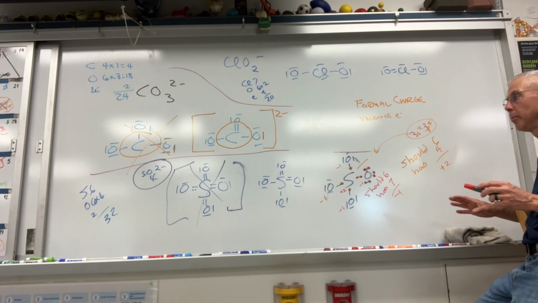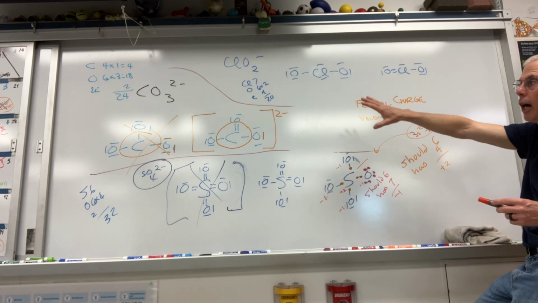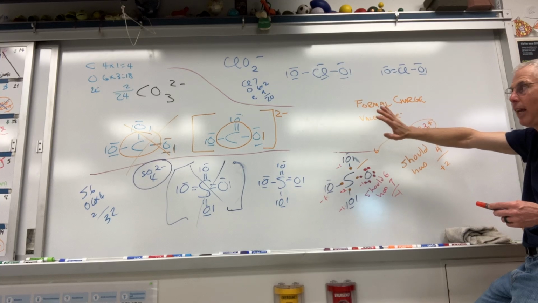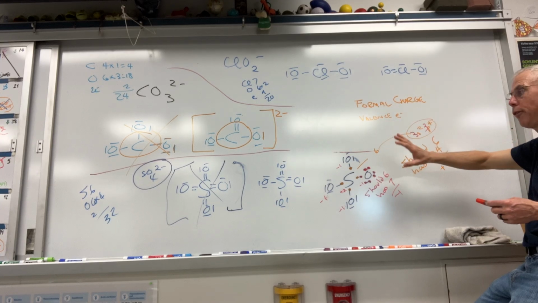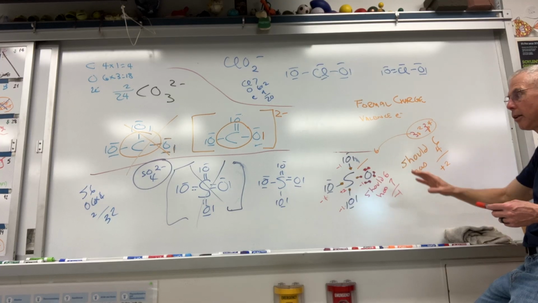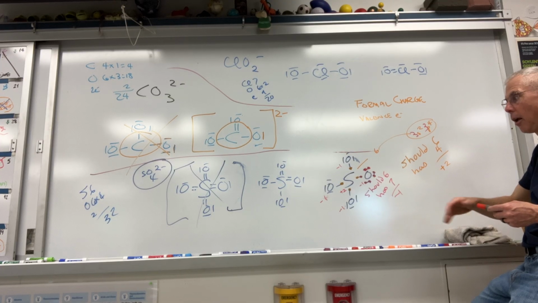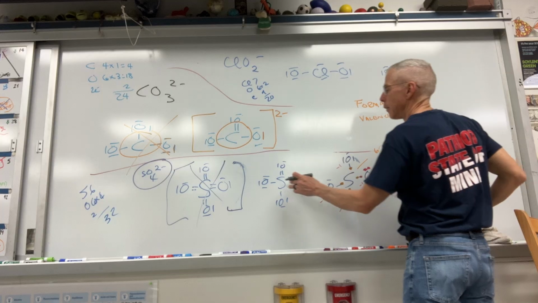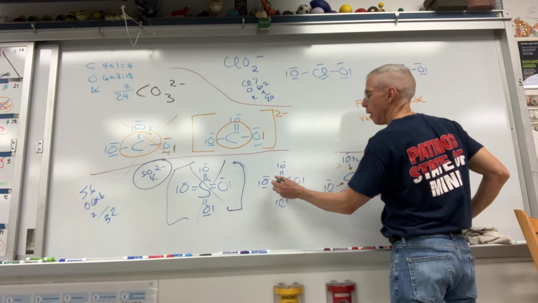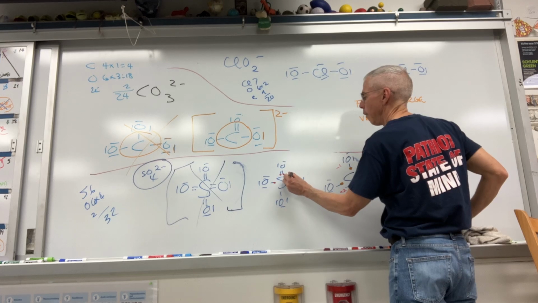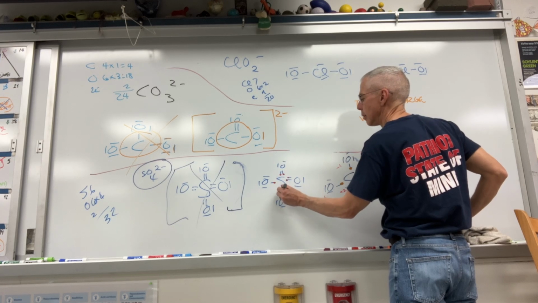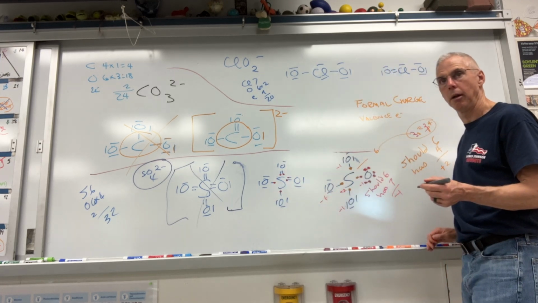Okay? Now, what we're trying for is to be as close to 0 with everybody as we can. That's the idea of formal charge. And the other thing, the octet rule, we have to have everybody have 8 that they're sharing. In this, we're trying to get as close to a formal charge of 0 with everybody as we possibly can. So if I look at this sulfur here, it's 1, 2, 3, 4, 5, 6. See what I'm doing?